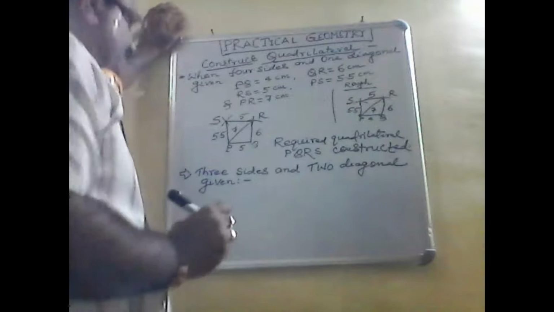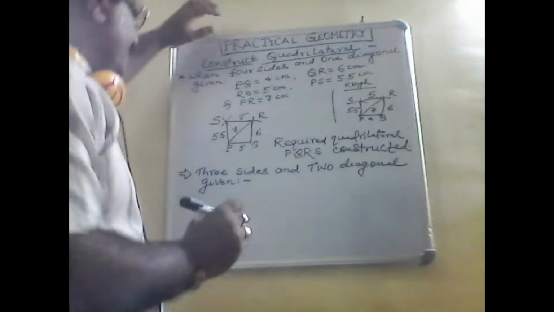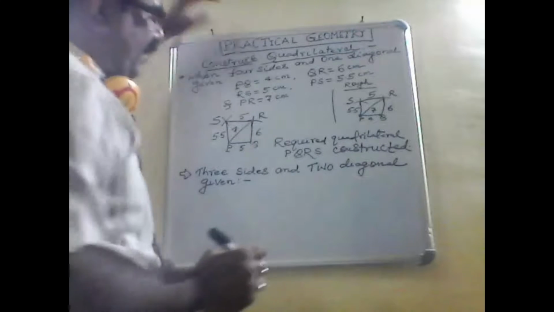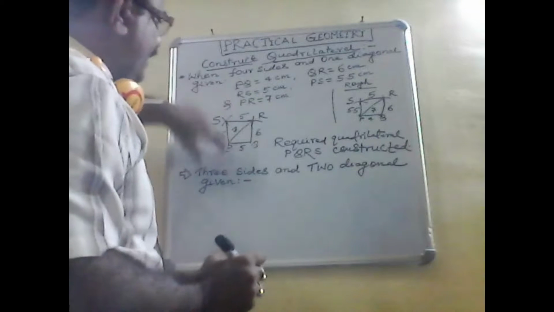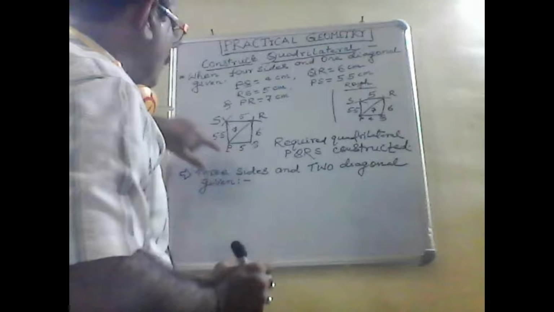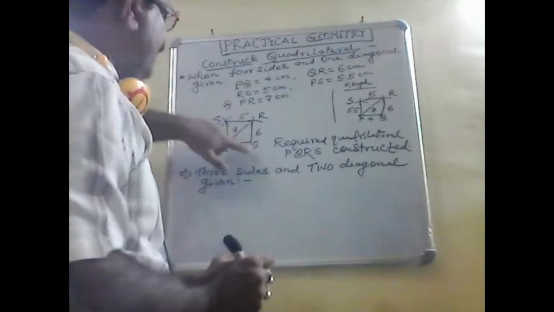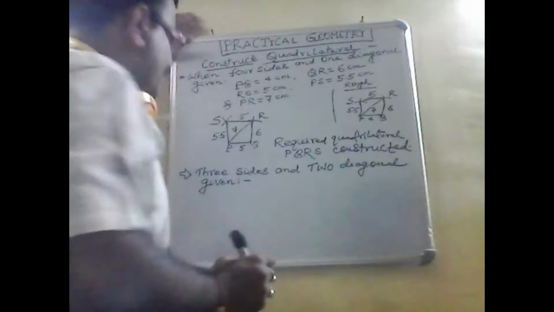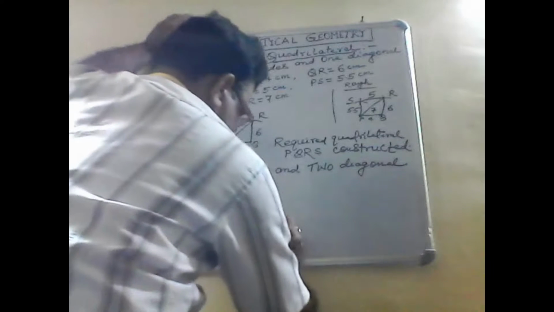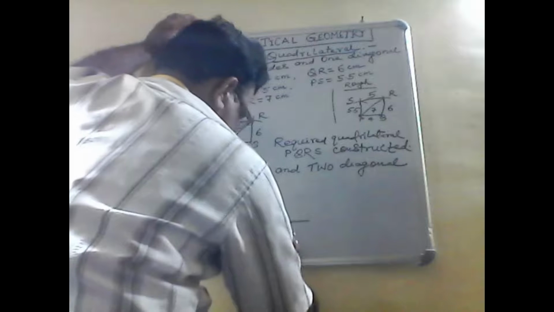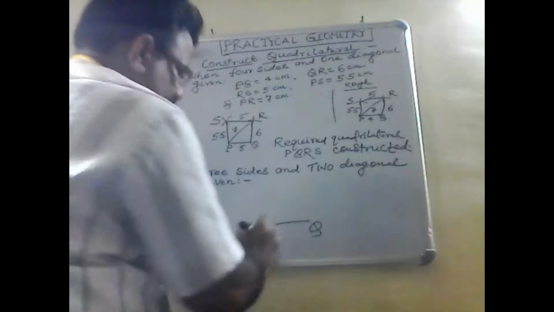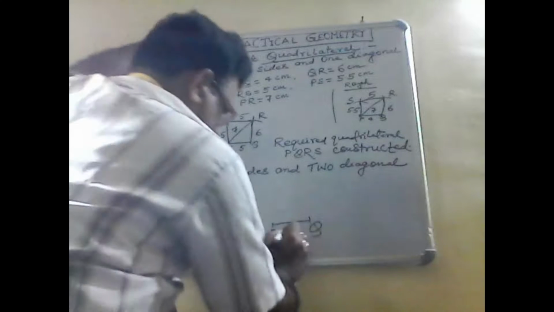For this one, let us consider another question. Suppose you think in the previous question that 3 sides were given, 3 sides may be PQ, PS and QR. So 3 sides given, what will you do for this one? First of all you take one given side, suppose it is PQ, its measurement suppose is 6 cm.